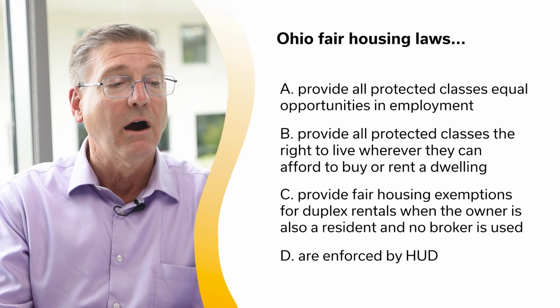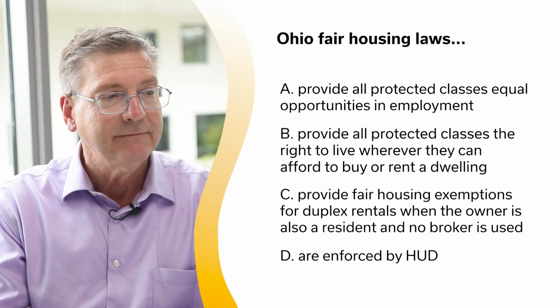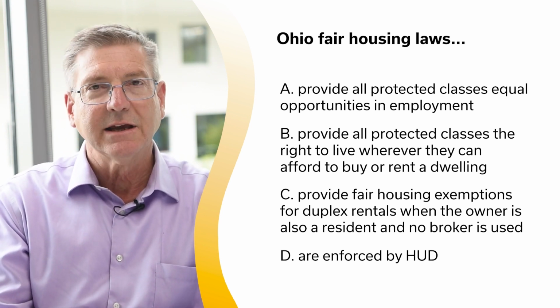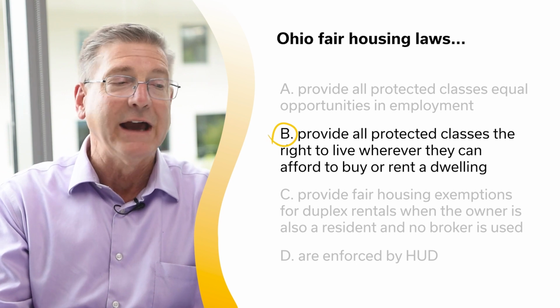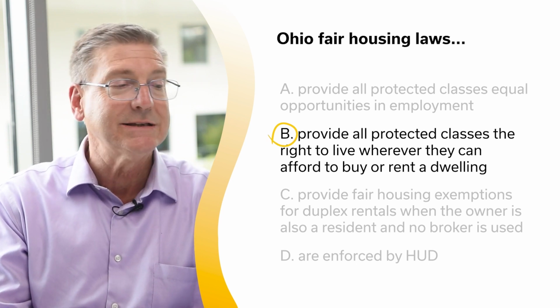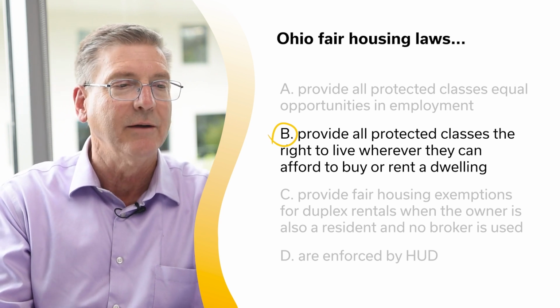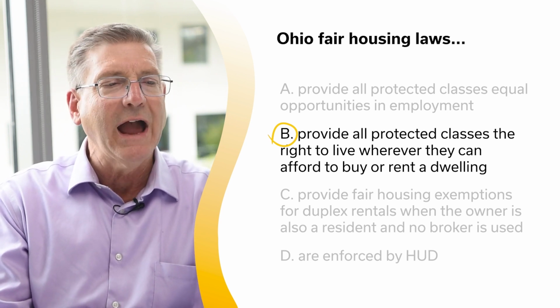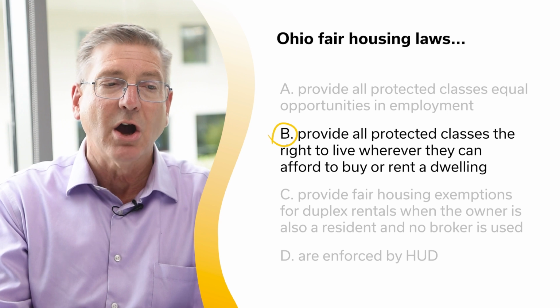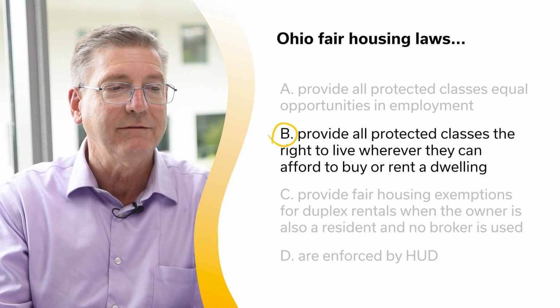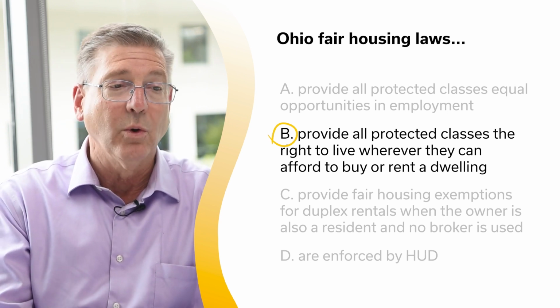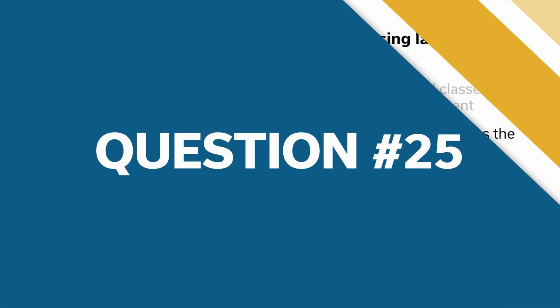Or D, are enforced by HUD. The correct answer is B, provide all protected classes the right to live wherever they can afford to buy or rent a dwelling. Ohio fair housing law provides all protected classes the right to live wherever they can afford to buy or rent a dwelling.